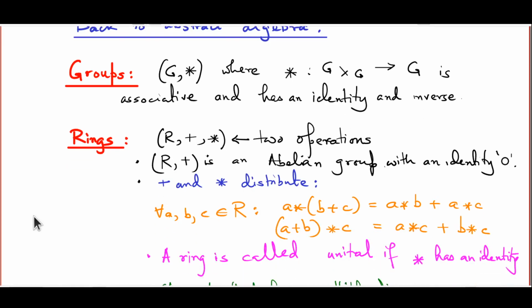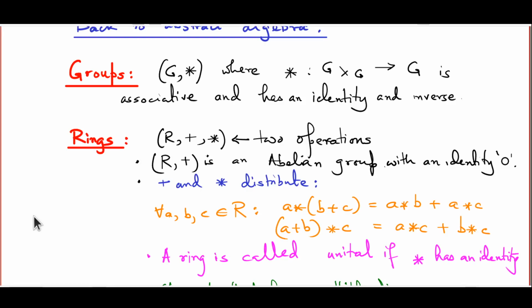Well, just like a group is a set with one operation, a ring is a set R with two operations, plus and star. And with the condition that R comma plus is an abelian group with the identity, which we call 0, and this essentially is nothing but something very similar to ordinary addition.